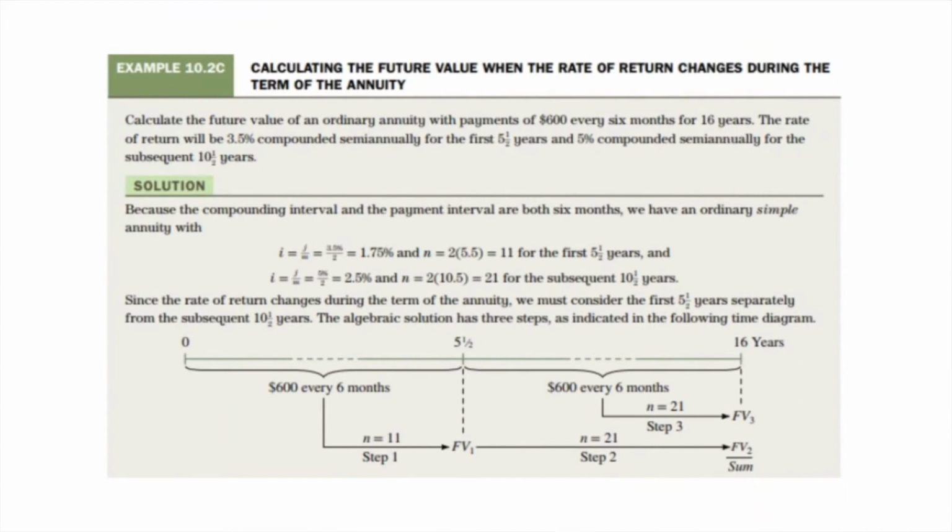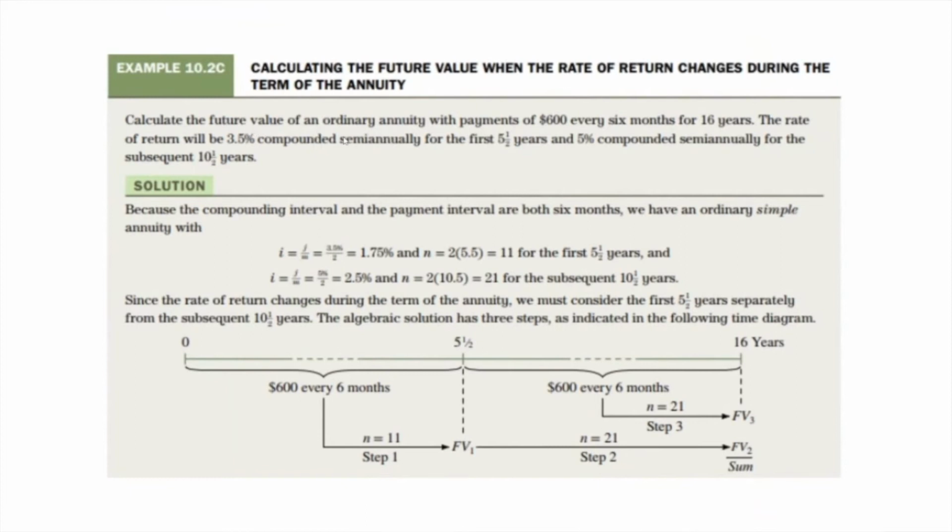And by definition, the ordinary annuity says the payment is at the end of the period. There are no indications that it's made at the beginning of the period. So if it doesn't say anything, you assume that it's an ordinary annuity as opposed to an annuity due.